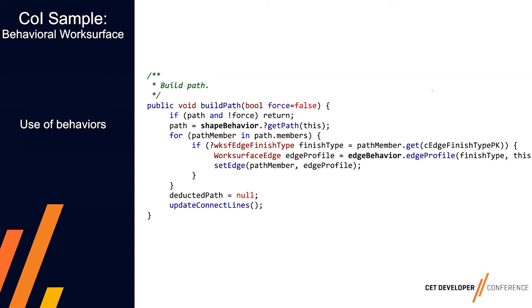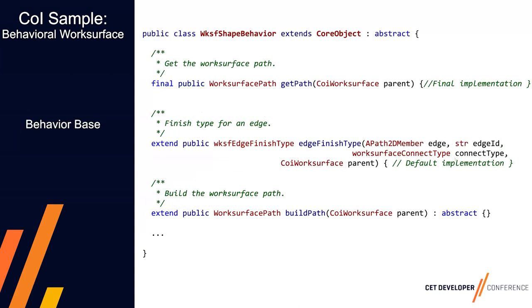So what about implementation of these behaviors now? Implementation of these behaviors is fairly simple. We have our work surface shape behavior here. We have a final implementation of a get path method, which we don't want changing in any extended version of this behavior. We have an edge finish type method, which has a default implementation, but it could be extended off of by different extended shape behaviors.